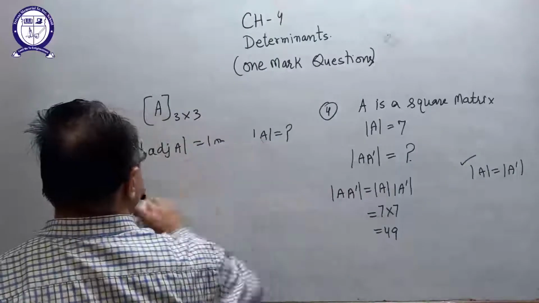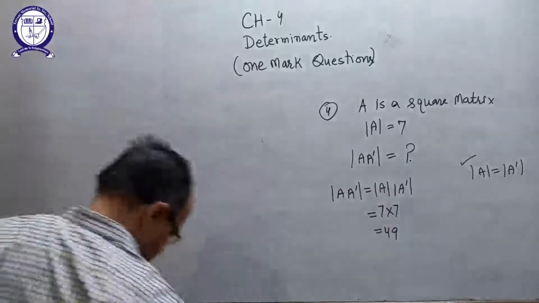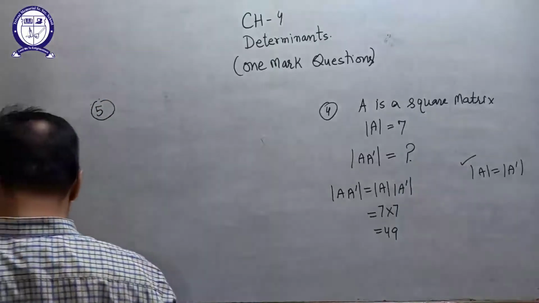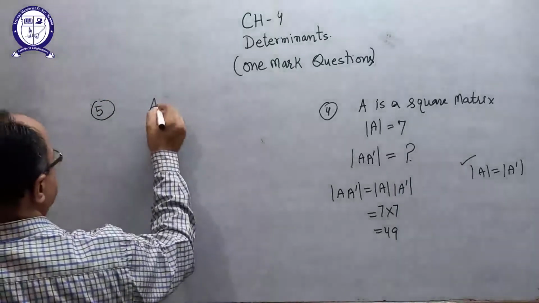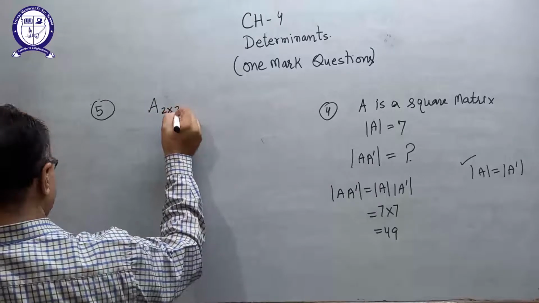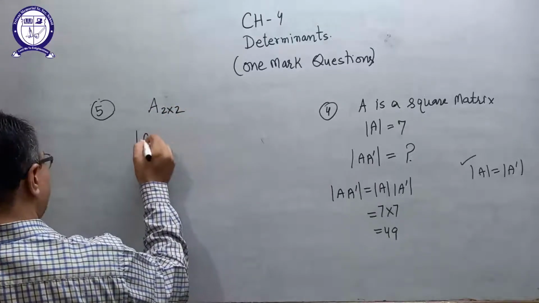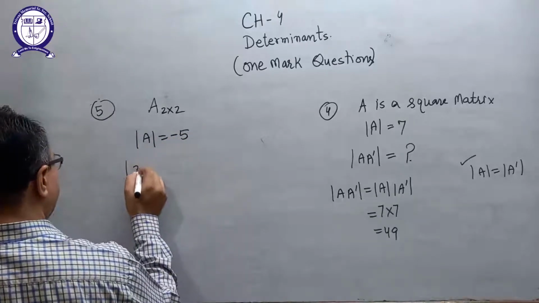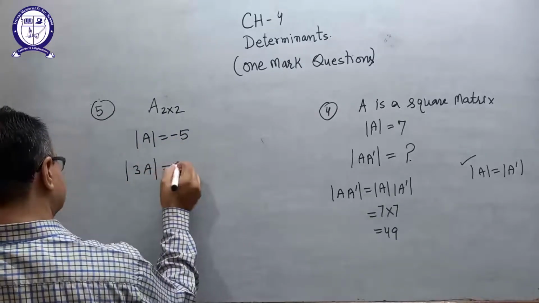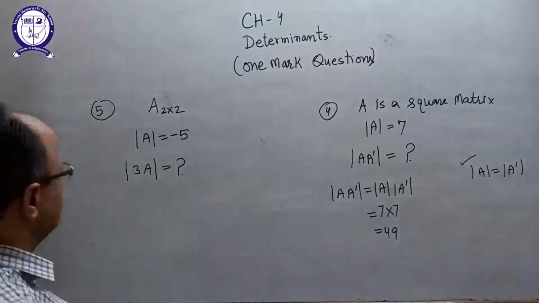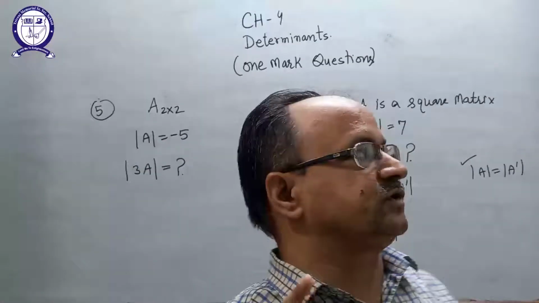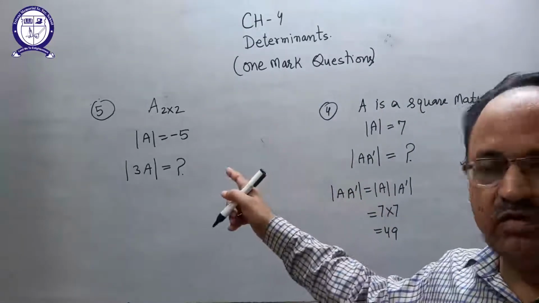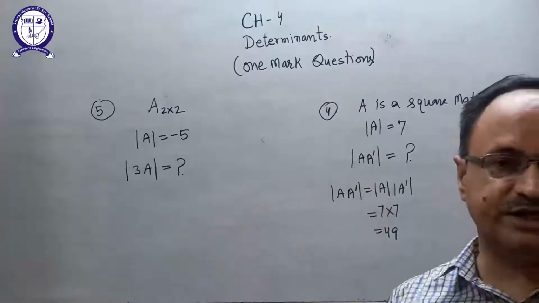Very important, one more question. Question number 5. If A is a matrix of order 2 cross 2, determinant of A is equal to -5, then find the determinant of 3A.